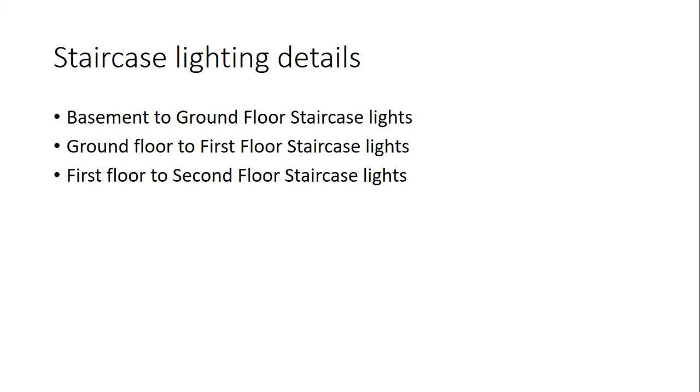So let's suppose someone from the ground floor wants to enter the ground floor staircase. Now there are 2 possibilities. That person either can go to the first floor or go to the basement.